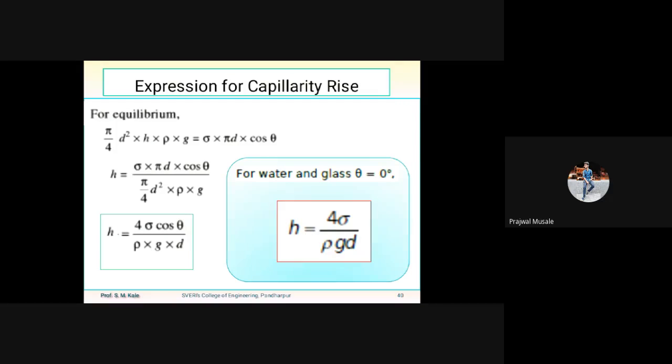Rho is the density of the fluid, g is the gravitational acceleration, and small d is the diameter of the capillary tube. If you know the values of sigma, rho, g, and the diameter of the capillary tube, you can calculate the rise of water level inside the capillary tube. That is called the capillary rise. Are you getting it?